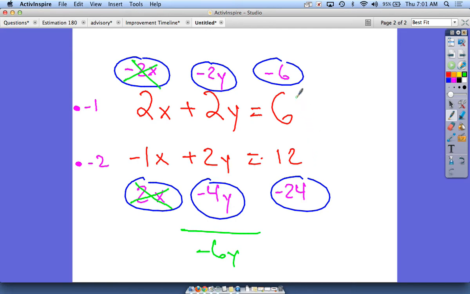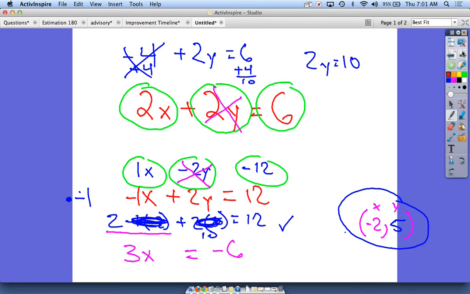Negative 24 and negative 6, negative 30 equals. And I'll just look at that and say y's got to be 5 in that one, because negative 6 times 5 is negative 30. So I'll start my coordinate here with 5y. And that should have been the same one as we got the other screen. And it was. We got 5.